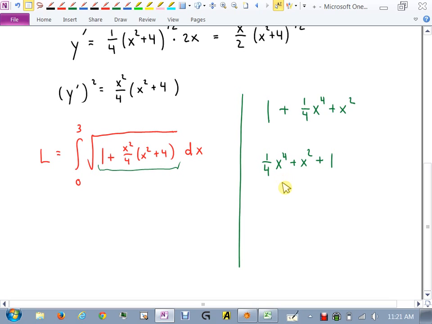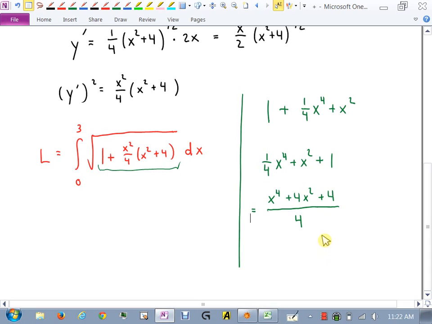I heard common denominator, which is, maybe you could rewrite it this way. X to the 4th plus 4x squared plus 4 over 4. Could you rewrite it that way? I'm just getting a common denominator of 4 on all of these.